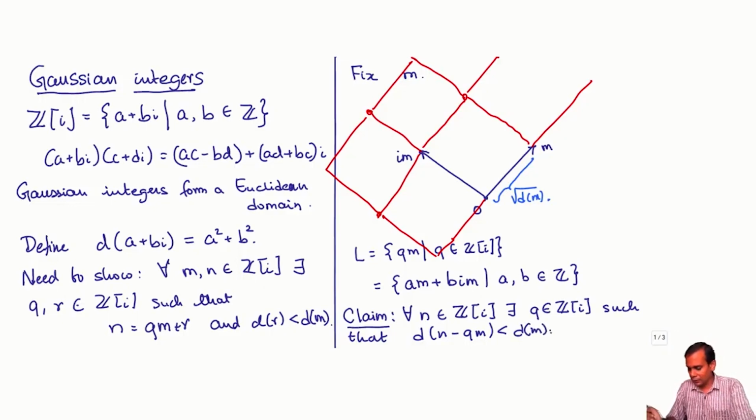If we can find such a q, then we can just take r to be n minus qm, and we would have proved the Euclidean property of the Gaussian integers.